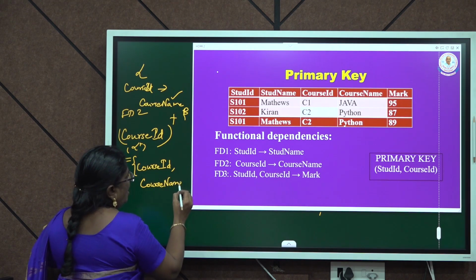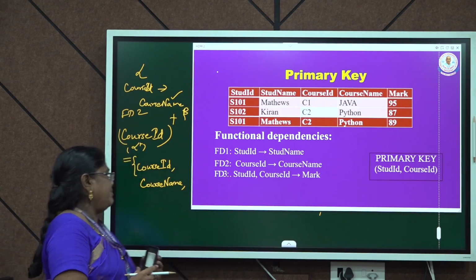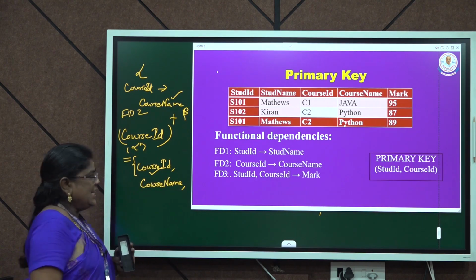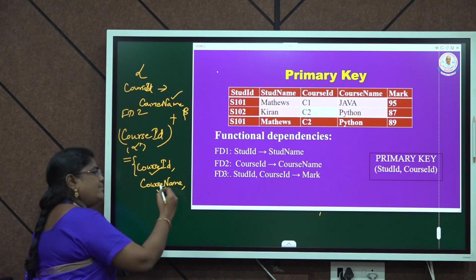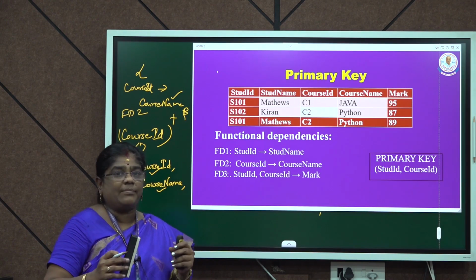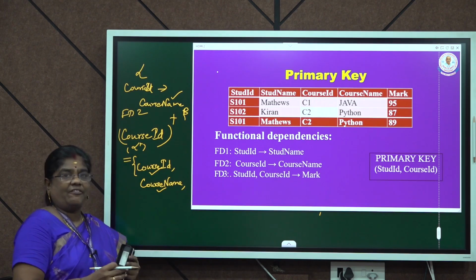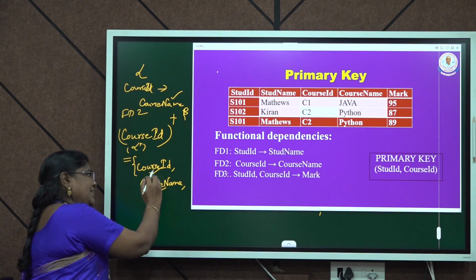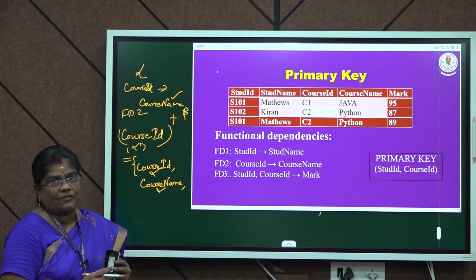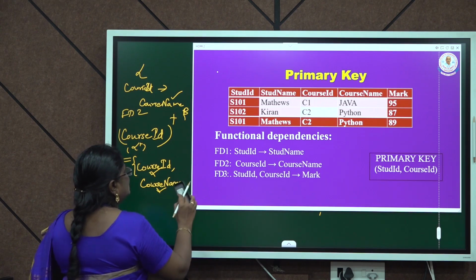Then we check whether there is any other functional dependency starting with alpha as course ID, or course name, or the combination of course ID and course name. Here we don't have any other functional dependency with course ID alone, course name alone, or the combination of course ID and course name. Hence, I am going to close the set.